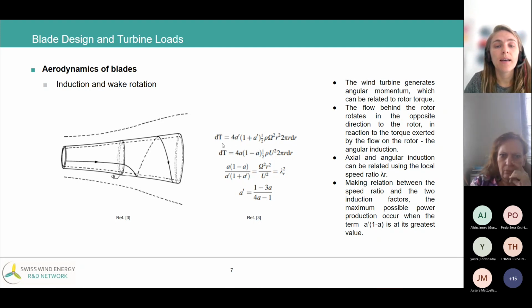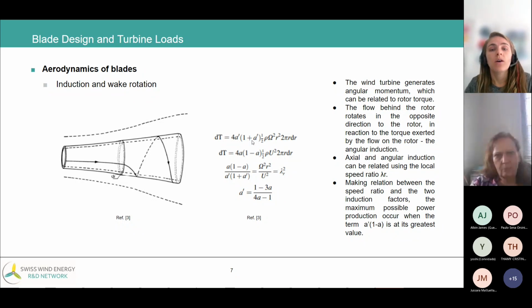To calculate the torque produced on the wind turbine, we need to take the angular induction into consideration. Different from the axial induction, where we remove an amount of wind speed, with the angular induction we add some rotational speed to the rotational speed that the turbine will have. That's why we can calculate the torque.